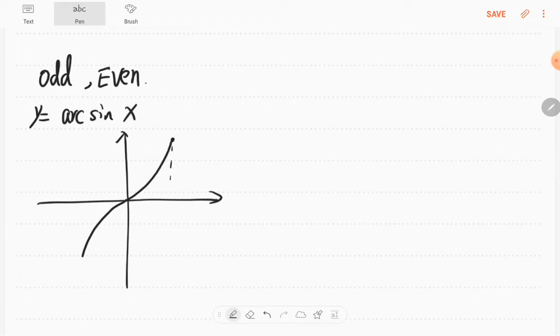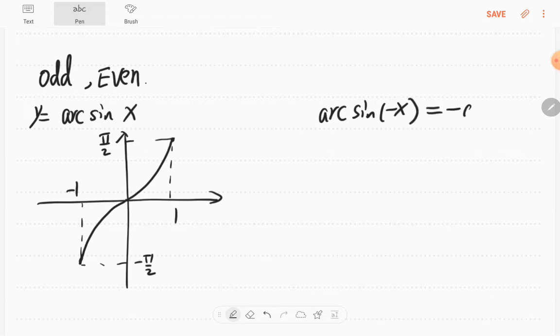Here is 1, and here is pi over 2. Here is -1, and here is negative pi over 2. You can see this graph is symmetric with respect to the origin. So arc sine of negative x should be equal to negative arc sine x.